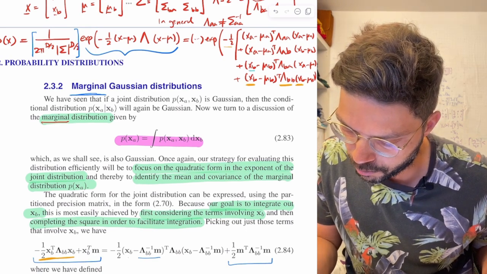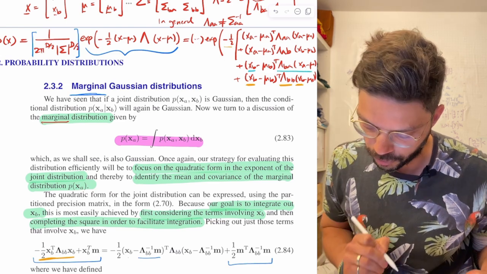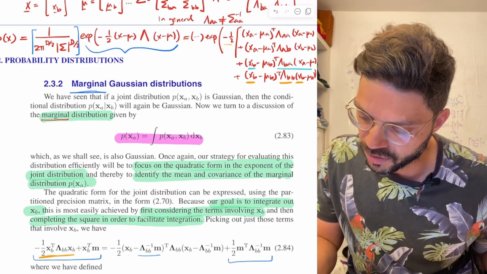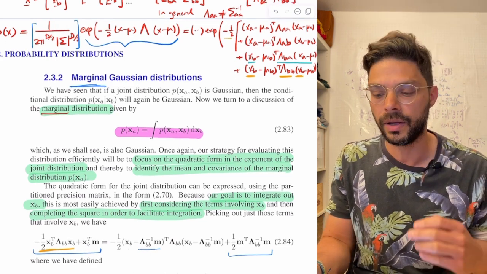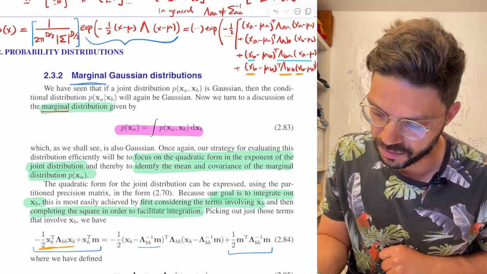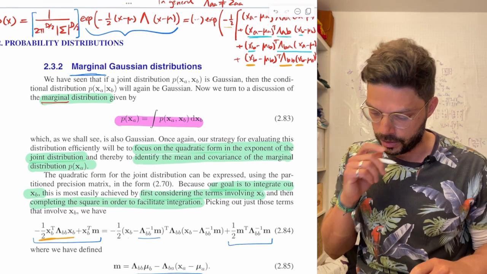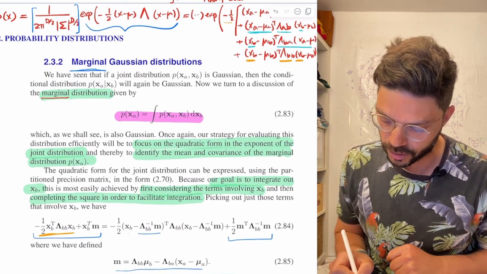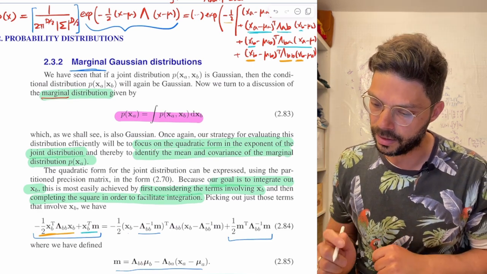So we've got x of b transpose times this whole thing. And we'll have the same thing in transpose as well. So that will just turn this minus 1/2 into a minus 1, because we've got the same thing happening in reverse. Okay, and if we've done everything correctly, that should give us x of b transpose m, the linear terms.